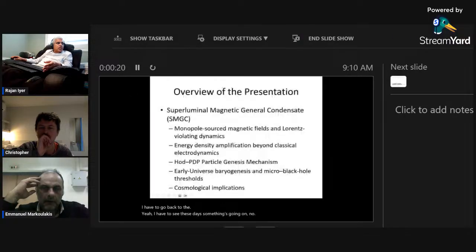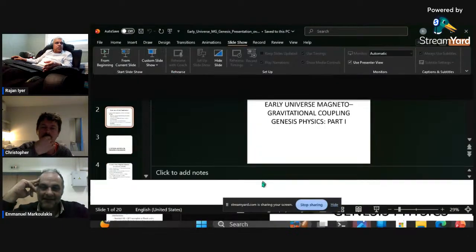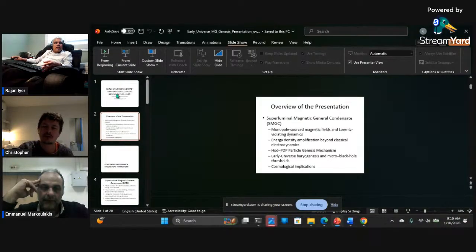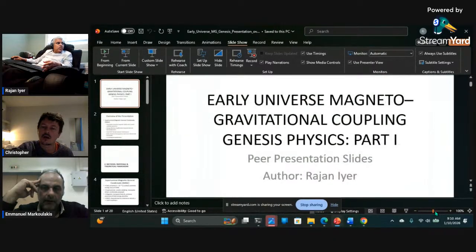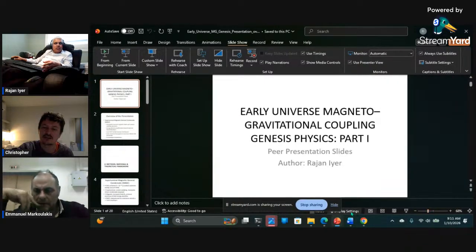Every time there is something. So I go back to my original screen. This you can see, right? I just have to increase the magnification. Yes. Rajan, if you go down to the start slideshow, I can increase the magnification. No, don't do that. If you go next to the Zoom thing, there's that little icon there.